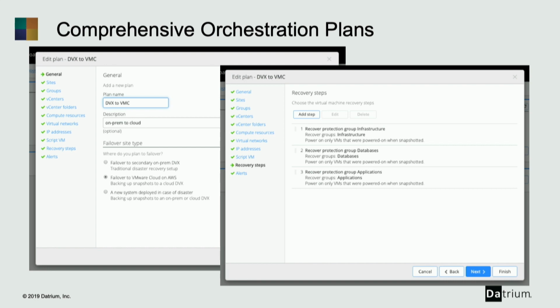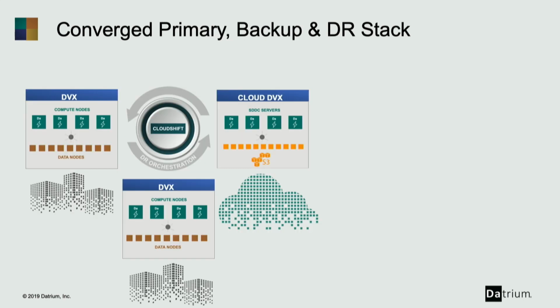What this allows you to do is simply say, start this protection group first, wait for a few seconds, run the script, start the next protection group second, and so on and so forth. So protection groups give us a very good point-in-time baseline for the VMs that the customer's environment needs to be powered on in a specific sequence, and that's what the orchestration plan allows you to do.